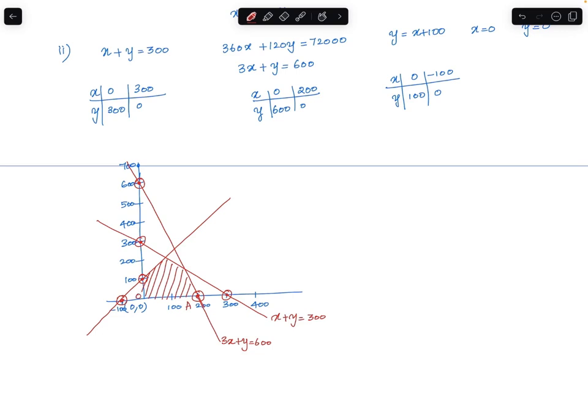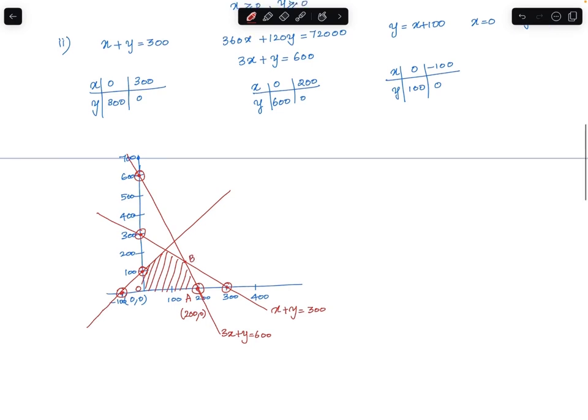O is 0, 0. A is 200, 0. B we have to figure out. And C again we have to figure out. And D is 0, 100. Point B is the intersection of the two lines 3x plus y equal to 600 and x plus y equal to 300.